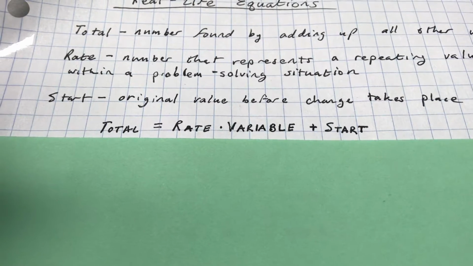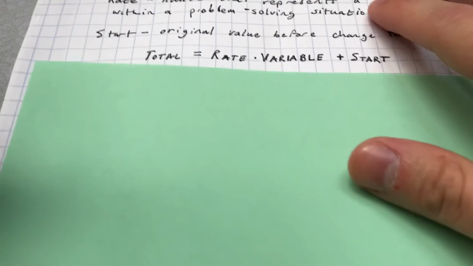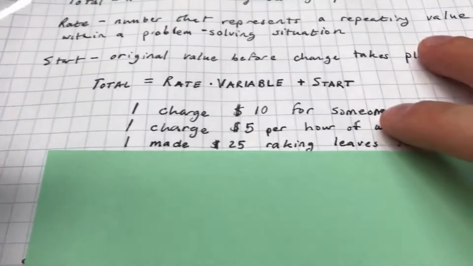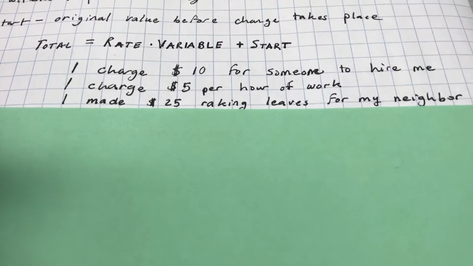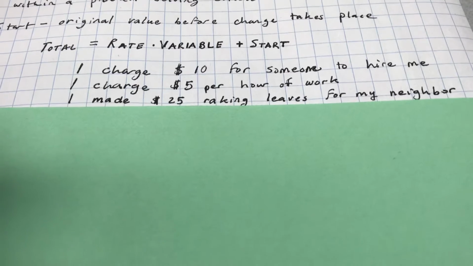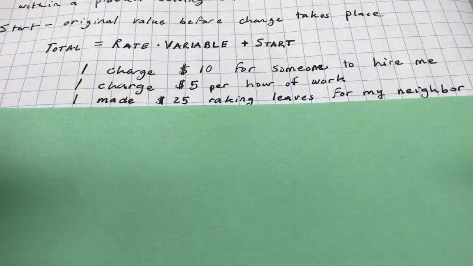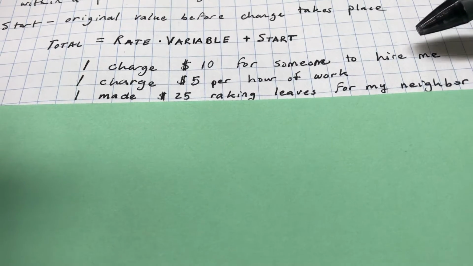In these types of examples, a lot of times we can work with money. Money should be something we're interested in. So let's say I have a leaf raking business. It's fall and I'm going to rake some leaves. So here are the details of my business. I charge $10 for someone to hire me.